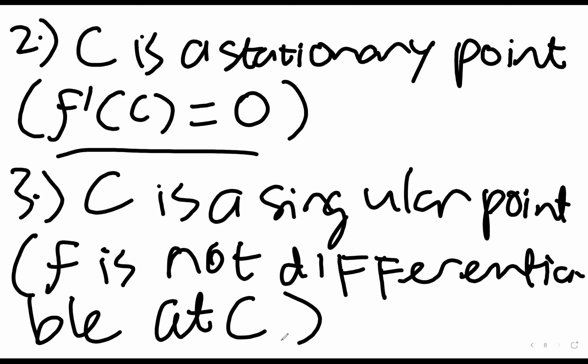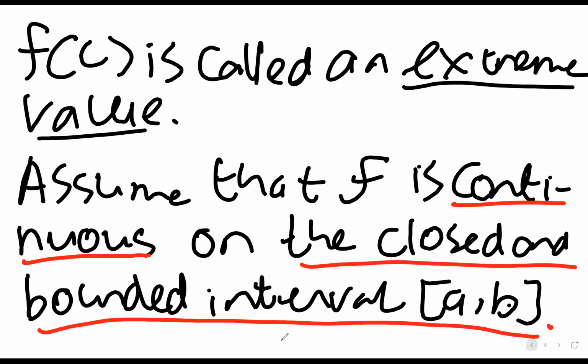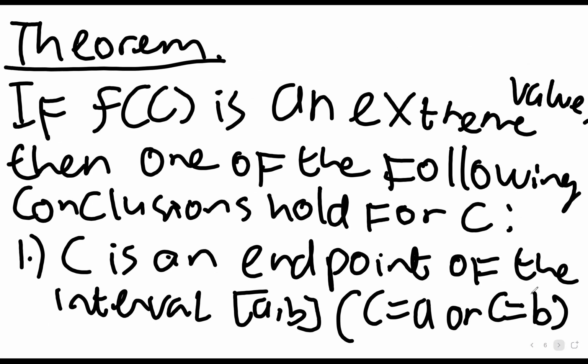Let us repeat. Now assume that f is continuous on the interval a comma b. Then f is guaranteed to have a maximum or minimum value. The location of the maximum and minimum value depends on the type of the function, of course. If f of c is a maximum or minimum value, then there are three possibilities.